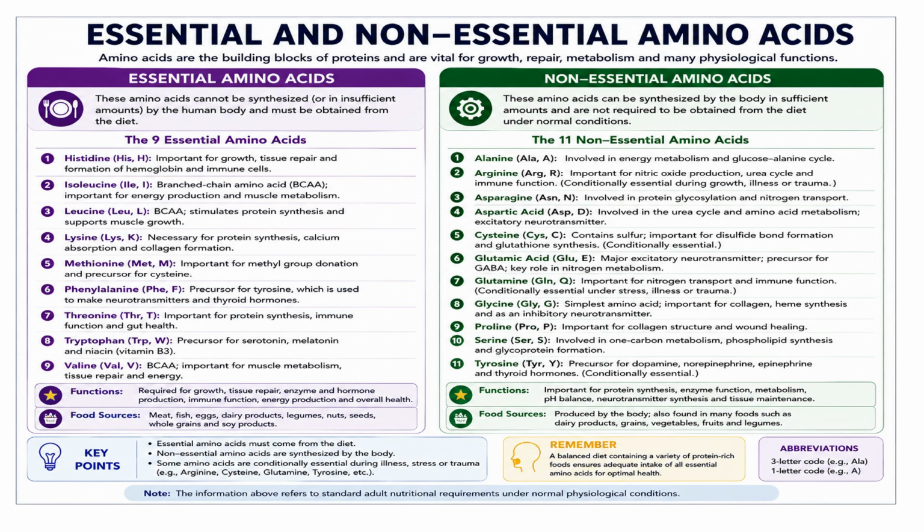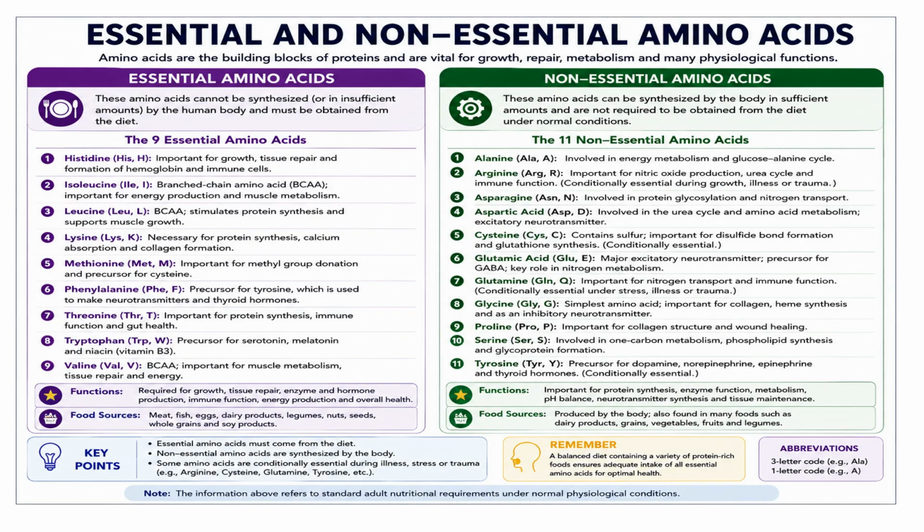Non-essential amino acids can generally be synthesized by the body in sufficient amounts under normal physiological conditions. They include alanine, asparagine, aspartic acid, glutamic acid, glycine, proline, and serine. Some amino acids are conditionally essential, meaning that the body's requirement may exceed its ability to synthesize them under certain conditions.